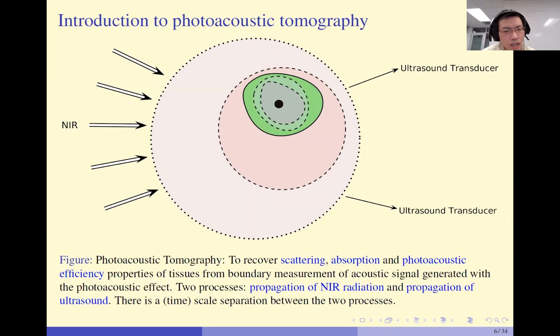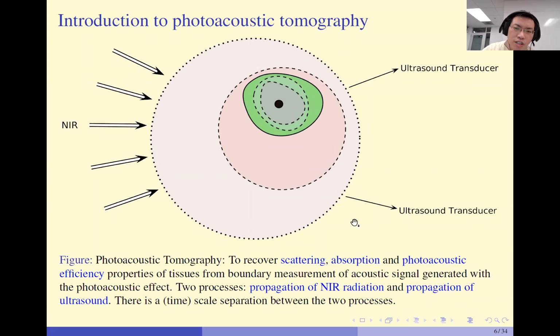This energy will eventually lead to a thermoelastic expansion, and this expansion will consume this part of energy, and soon the temperature cools down. This expansion and contraction will propagate ultrasound. This process is very quick, and this ultrasound will propagate through this medium and eventually be captured by the ultrasound transducer.